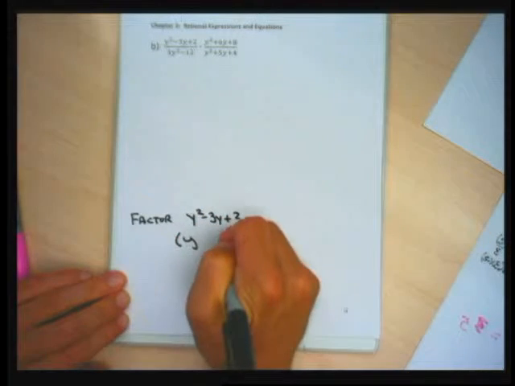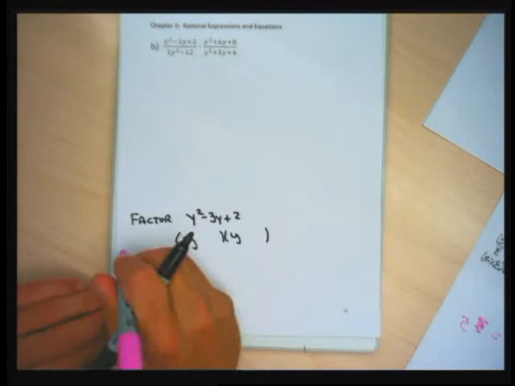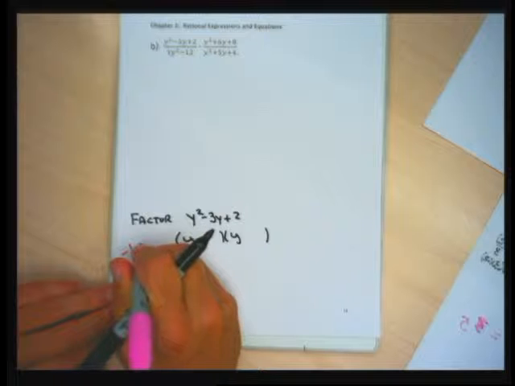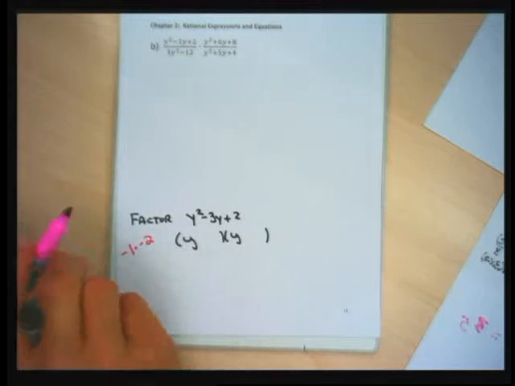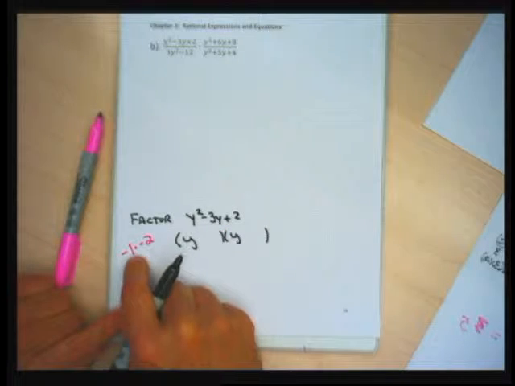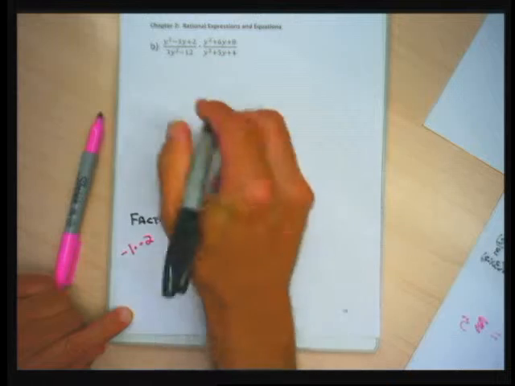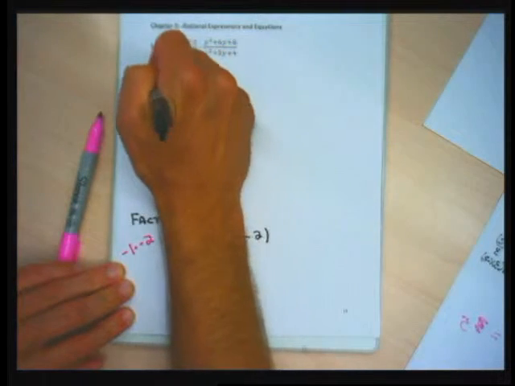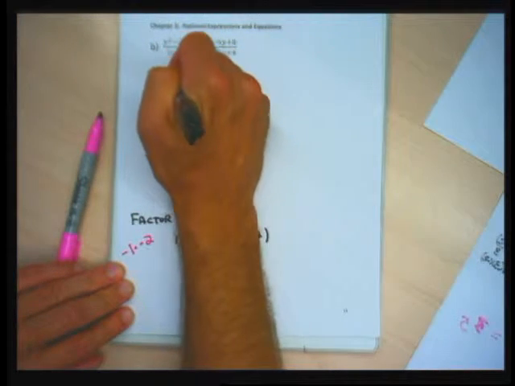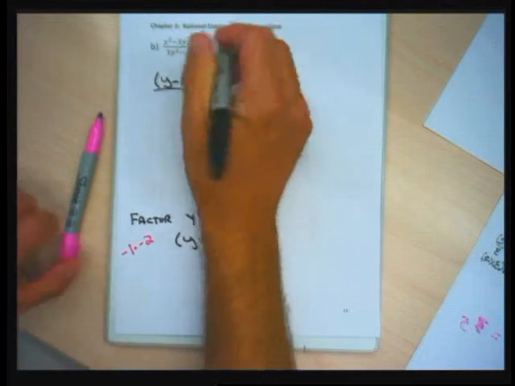I know that I don't need bottoms up factoring for that, and I know my signs have to be minus and minus, and really my only choices are minus 1 and minus 2, because minus 1 times minus 2 multiplies to positive 2, minus 1 plus minus 2 is minus 3. So that top left numerator factors into y minus 1 times y minus 2.